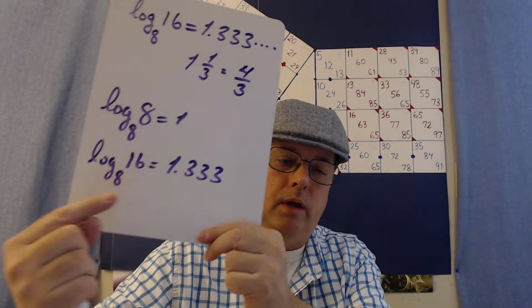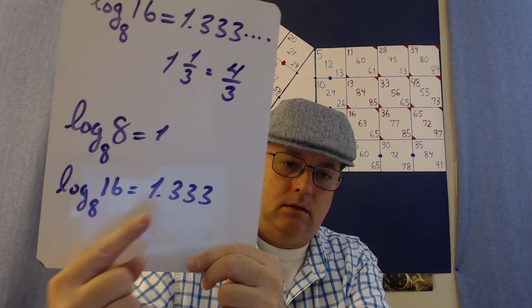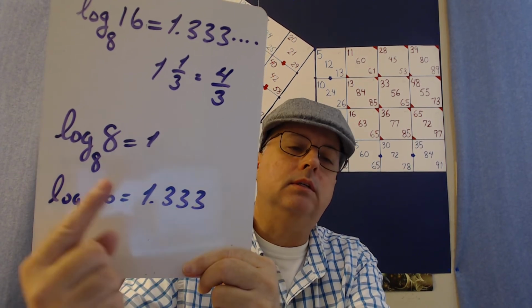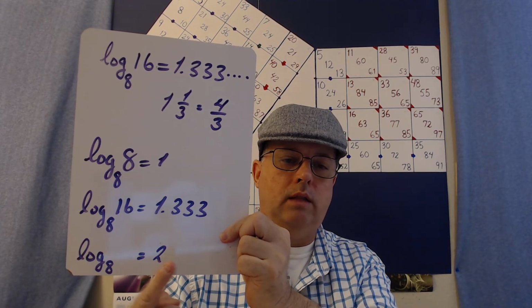And so it makes sense here that log base 8 of 8 is 1, and log base 8 of 16 is 1 and some more. That's the whole idea of logarithms: 8 to the 1st is 8, and 8 to the 1st and a bit more is going to give us 16. And 8 to the 2nd will take us to 64.